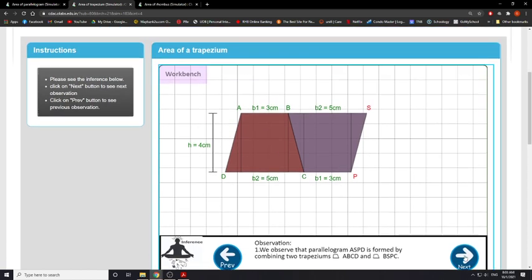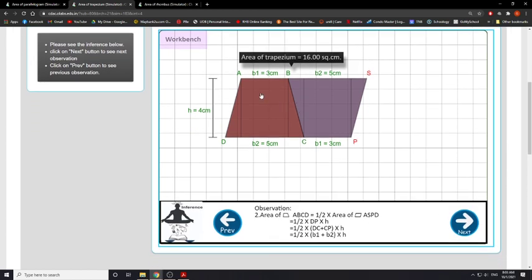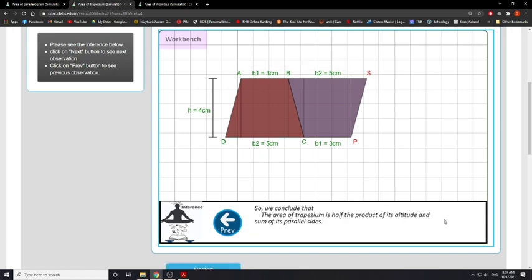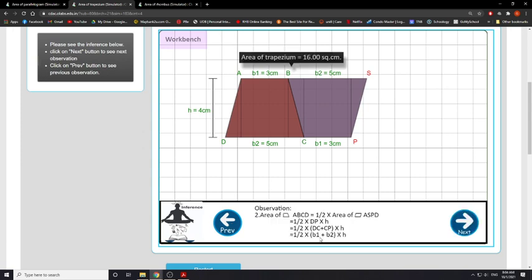So the area here is 8 times 4 equals 32. 32 divided by 2 is 16. The working you can see at the bottom here. And so therefore, we use this formula: half of b1 plus b2, then times height. Now that is for trapezium.